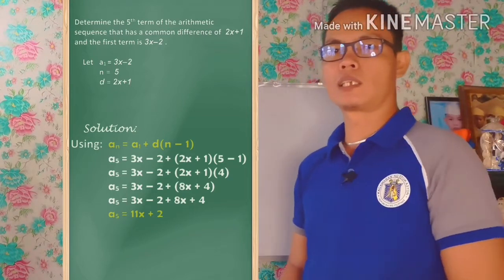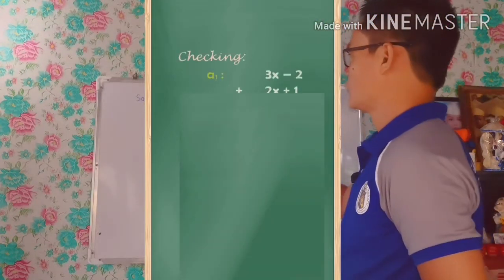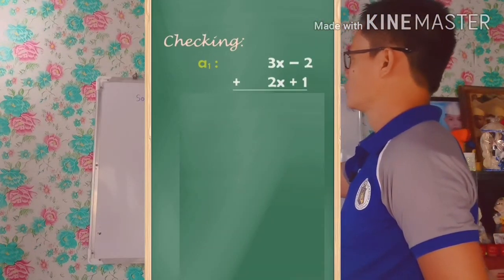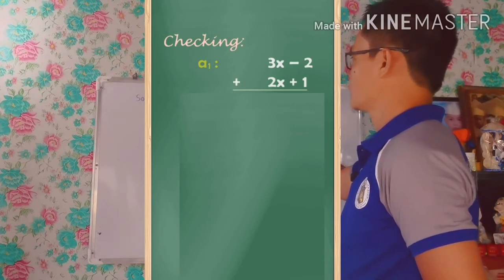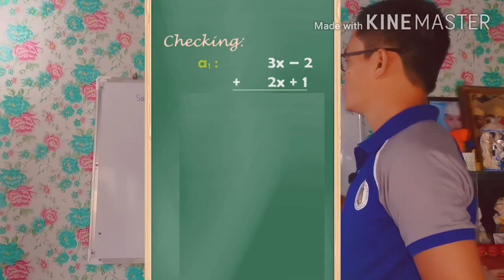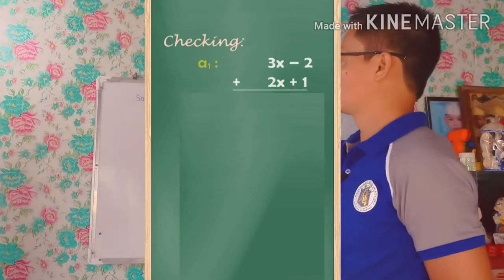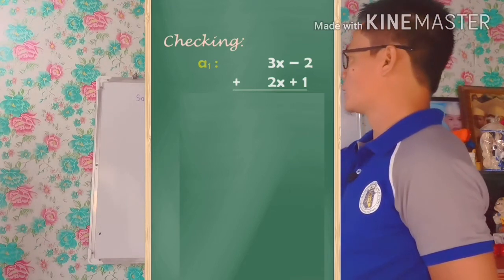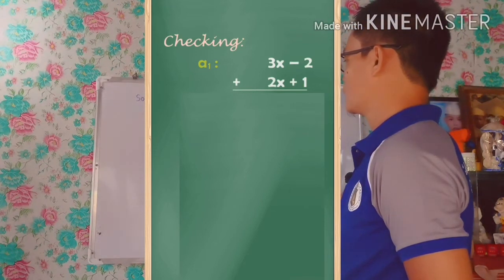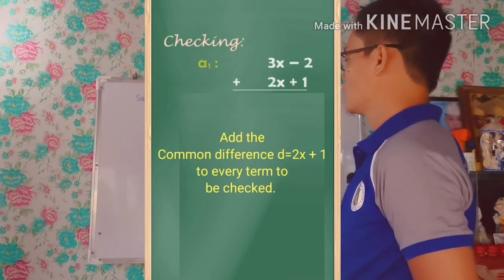Let us check if that answer is correct. Our first term is 3x minus 2. Assuming that our first term is 3x minus 2, our second term will be this added to the common difference. We are going to add 3x minus 2 plus 2x plus 1.